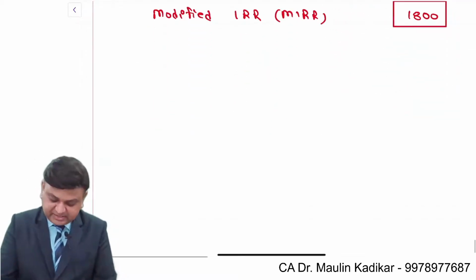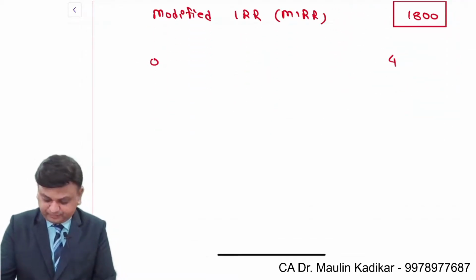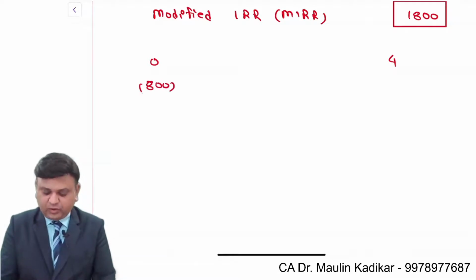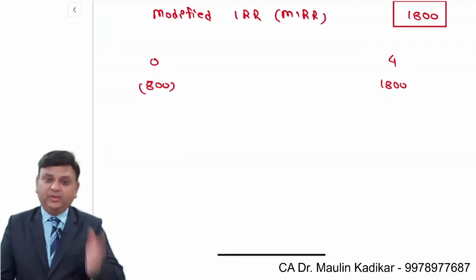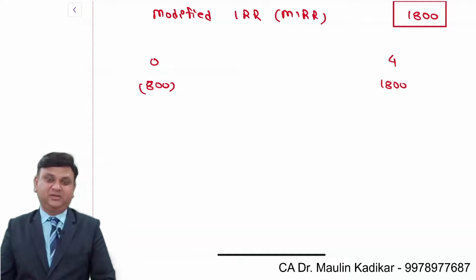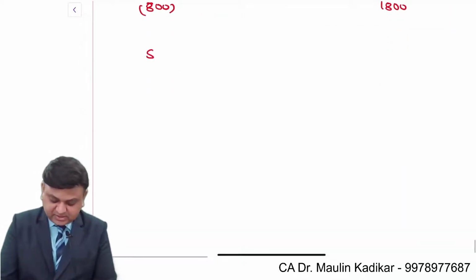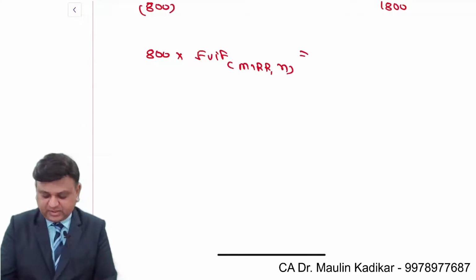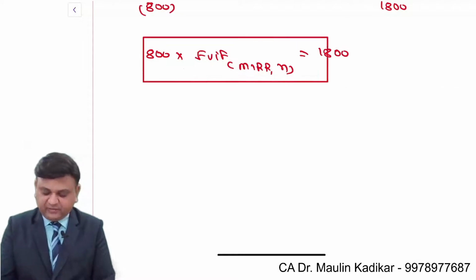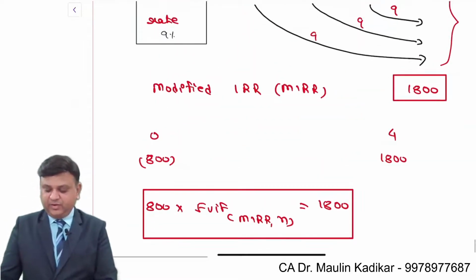So at year 0 and year 4, there is an outflow of 800 and an inflow of 1800. Now the rate at which the return is received will be calculated as a balancing figure. So we have a formula: 800 into future value interest factor at modified internal rate of return for n number of years is equal to 1800. And then the modified internal rate of return will be found as the balancing figure.